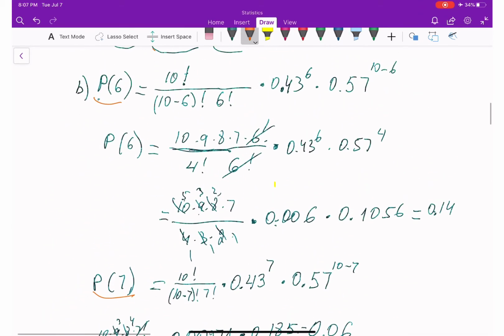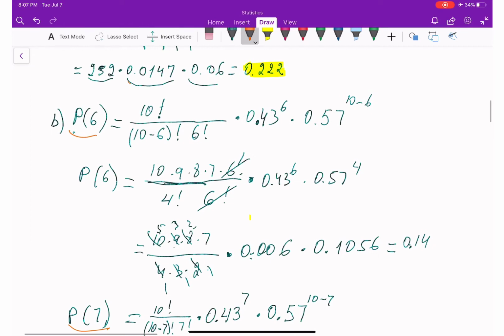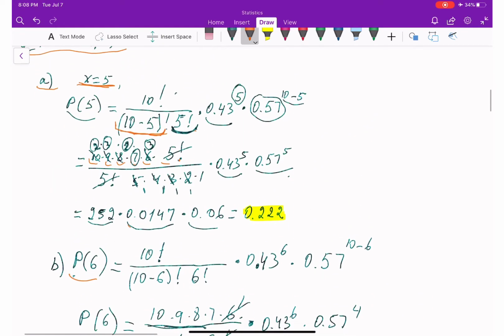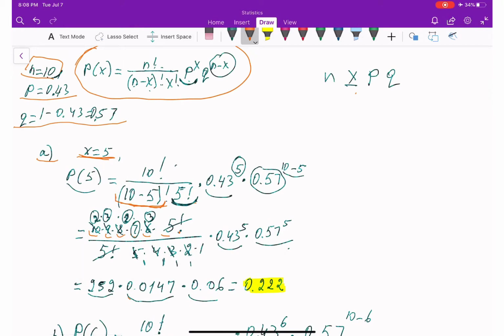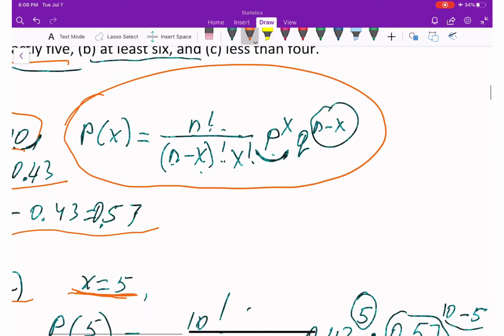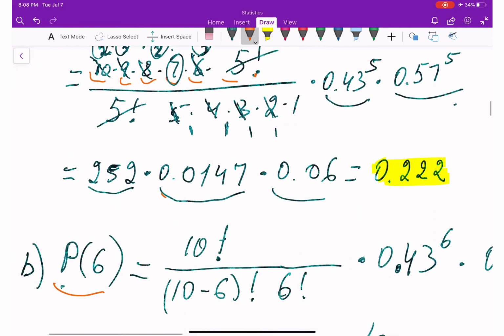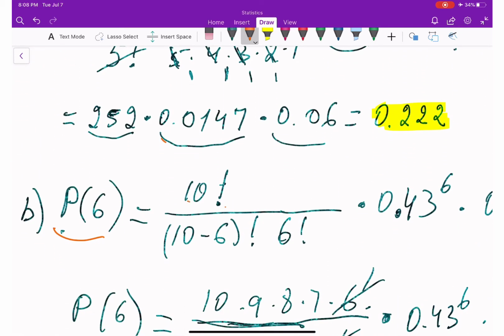So let's start. A couple of them I will explain, the rest I won't go over the same operation over and over. So our formula, n factorial, which is 10 factorial. I have here 10 factorial.